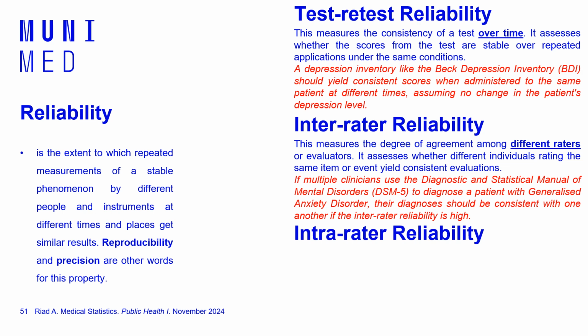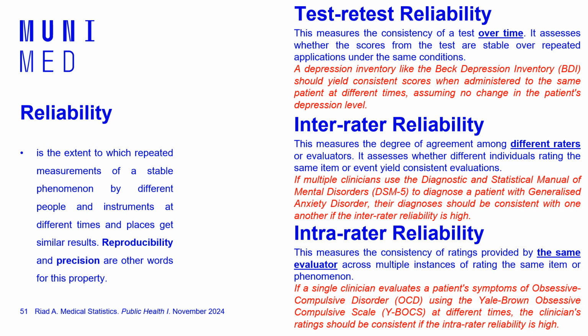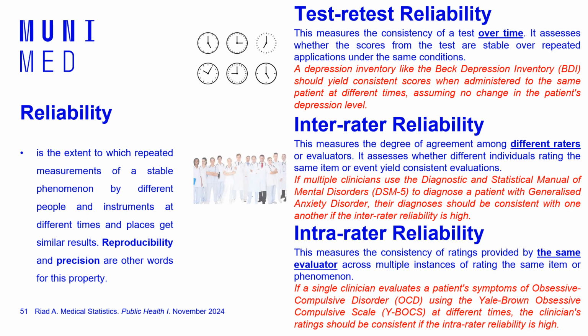Intra-rater reliability means that if you are testing a group of patients by the same doctor before and after, or at two different times, the difference for the same patients over periods of time should be very small or not different at all. So test-retest reliability focuses on the similarity over time.